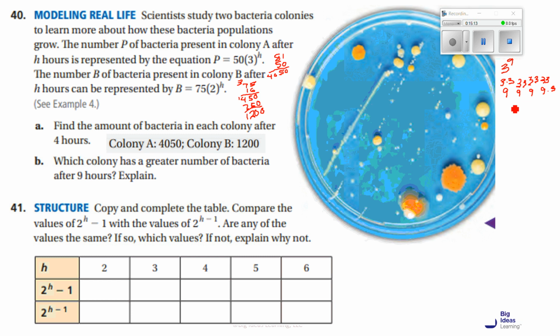So over here we have 9 times 9, that's 81. And then again, 9 times 9 is 81. So that takes all of that. And then we have times 3 again. So I'm going to take this last one and multiply it to 81. This would give us 1 times 3, which is 3, and 8 times 3, which would be 24. Lastly, I have to take 243 and multiply it to 81 to find out what is 3 to the 9th power.